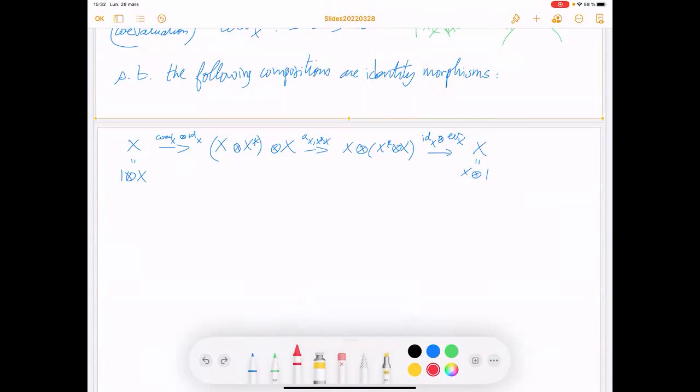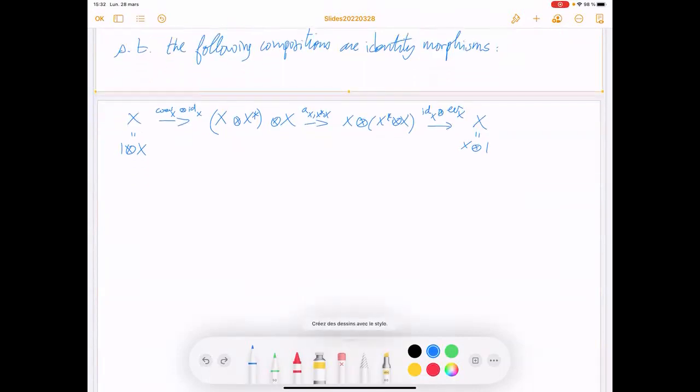And you have another map that should be the identity. I will be quick. You start from X star, which is X star tensor 1. You apply identity of X star tensor coev X, so you have X star tensor X tensor X star. Then you apply the associativity constraint, in fact its inverse, because the parentheses are not in the good order.